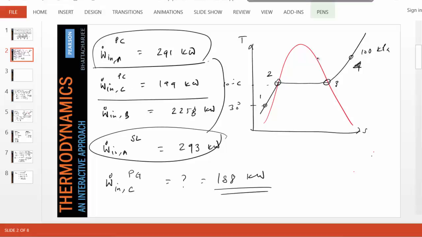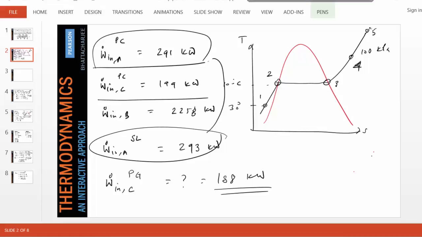The farther you go from this dome, the more superheated the vapor is, the more it acts like a gas. So in other words, from 3 to 4, our answer is 188. Suppose we heat it from 4 to 5, say another 200 degrees Celsius rise, and if you find how much energy is needed for that, I can guarantee you that the PC model and the PG model will be much closer this time.